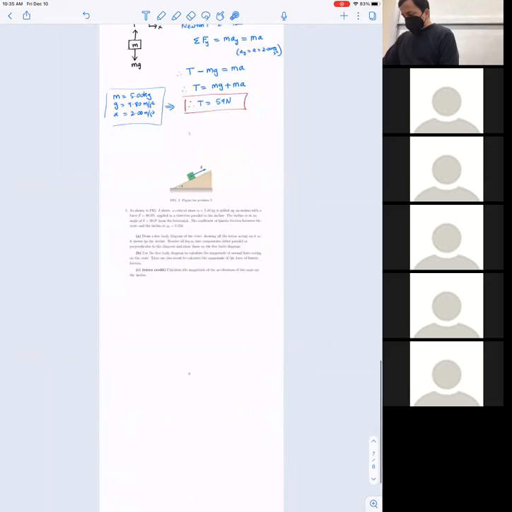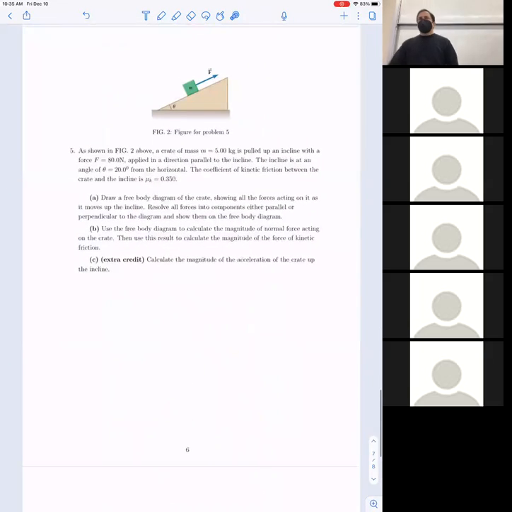All right, and then there's this fifth problem here, which is again the same concept. It's going to be draw a free body diagram, write down Newton's second law. The only complication here is that things are at a bit of an angle, so the trigonometry involved is a little more non-trivial than in the other problems.